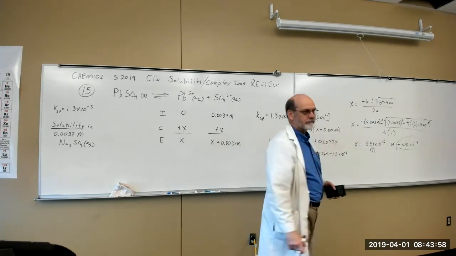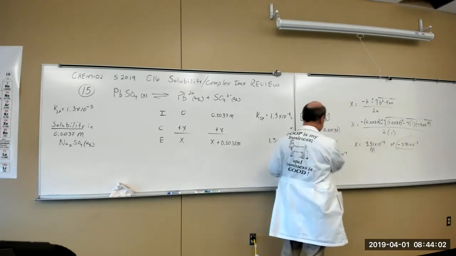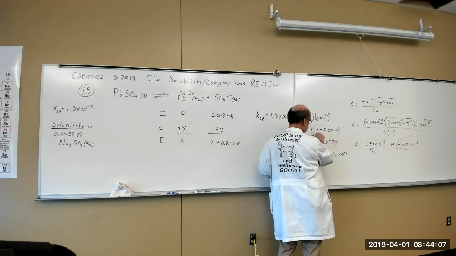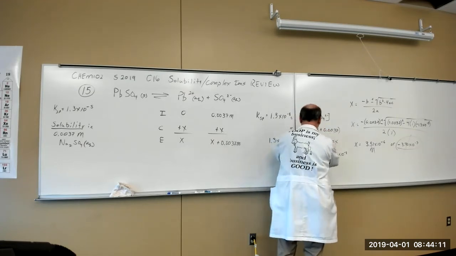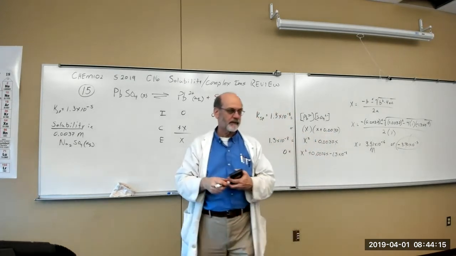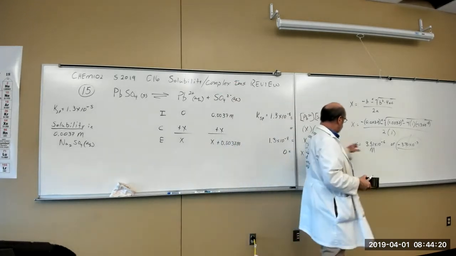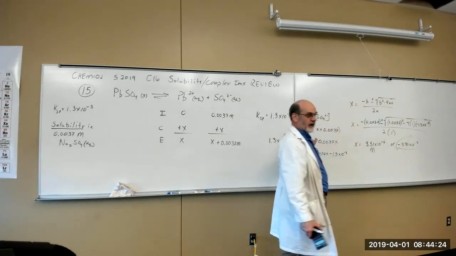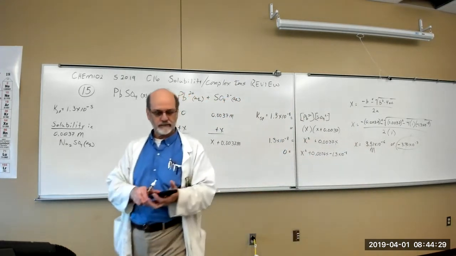Okay, we get the same value. If we just say this one is significantly smaller than that one, then that one goes out, and it's this times that, which means x equals this divided by that. So you get the same number. The whole thing is, if you do it this way, you don't have to check. If you do it the other way, you've got to do your 5% rule and be sure it's right. Whichever one you want to do.